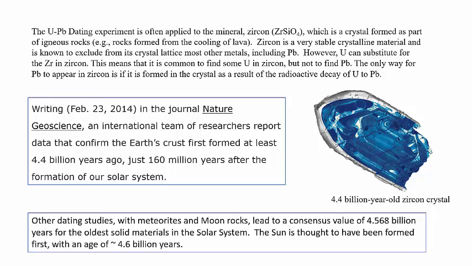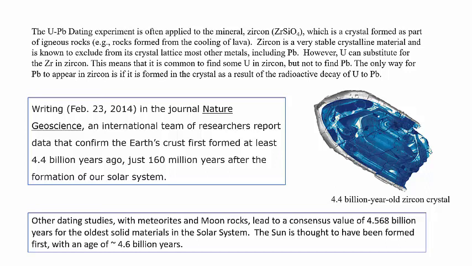So it's normal to find some uranium in zircon, but the only way that lead is found in zircon is if uranium-238 has undergone that nuclear decay sequence I showed you in the previous slide. So basically, lead's not supposed to be there unless it's through that decay process.